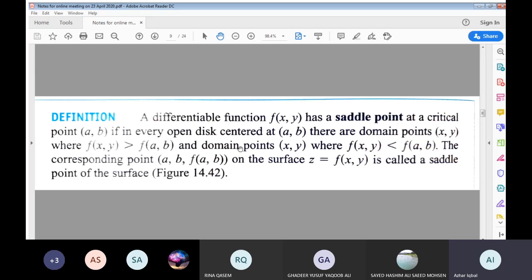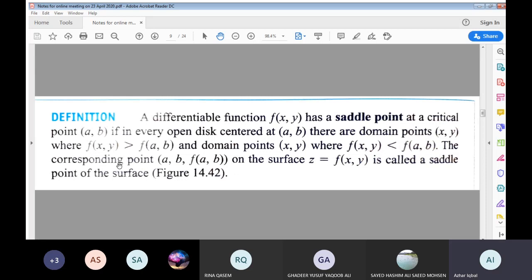At the same time, within that disk, there are domain points for which the value of the function remains less than the value of the function at a and b. It means this is a local maximum for the function.